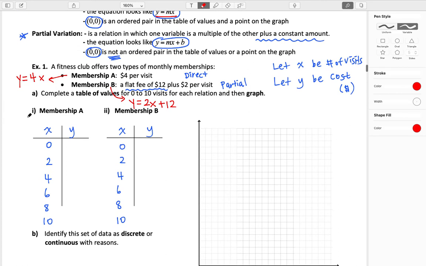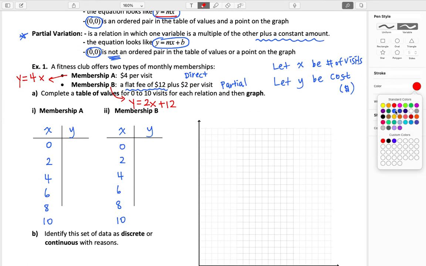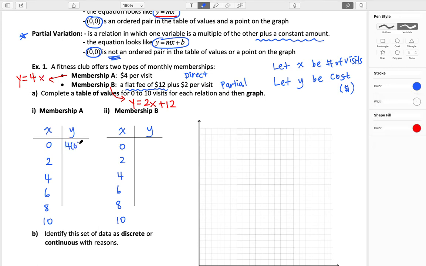Okay, so what I will be doing now is plugging 0 into my equation. So 4 times 0 is 0. And then 4 times 2 is 8. And you'll be doing that same thing, and those are the points. Now for membership B, I'm going to plug in 0 into my equation.